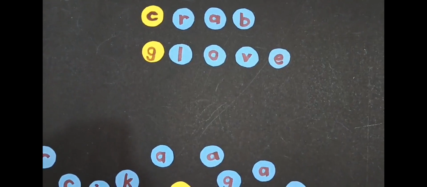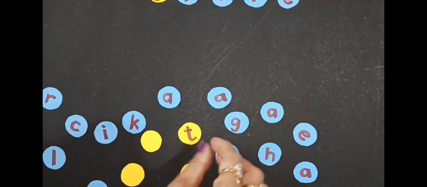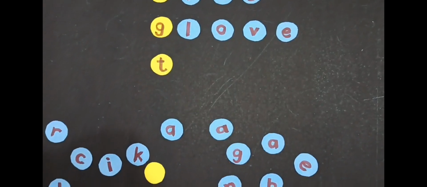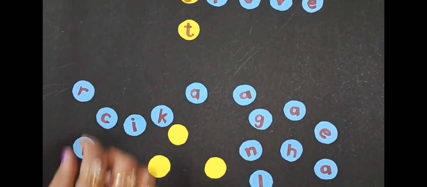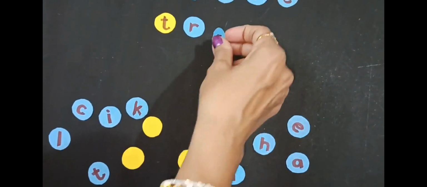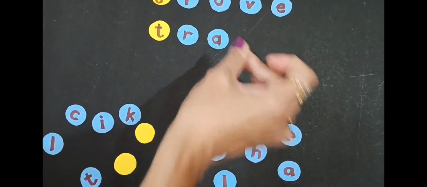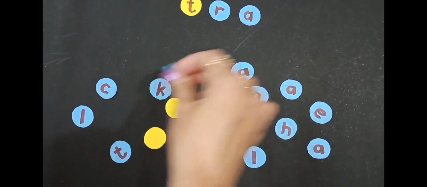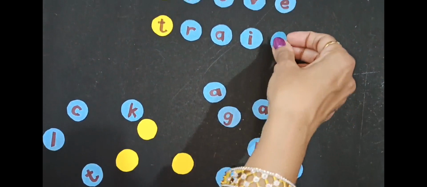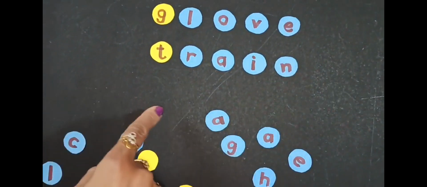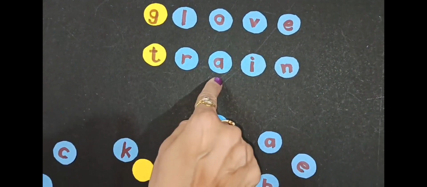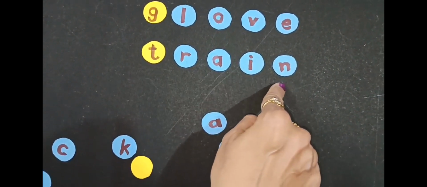Now we will turn the next letter. It's T. Now we have to make a word with T. So I'll take this R, then A, then I, and then N. It becomes train. Train.